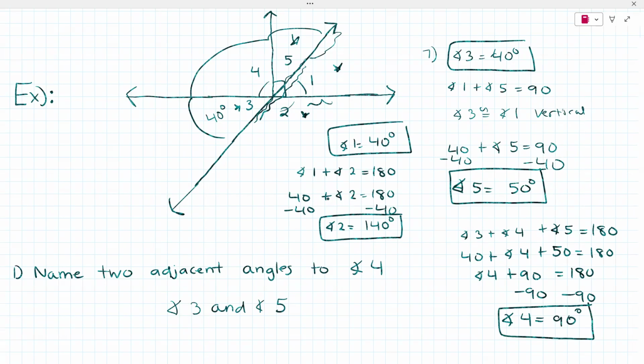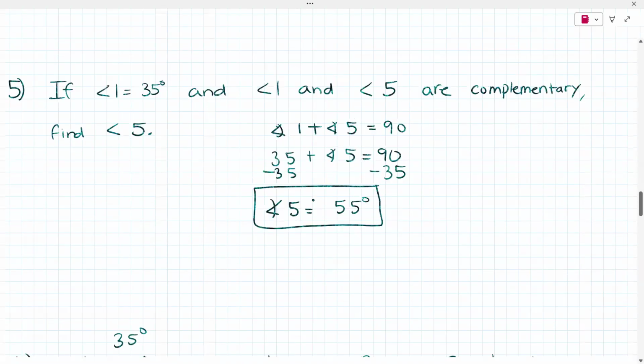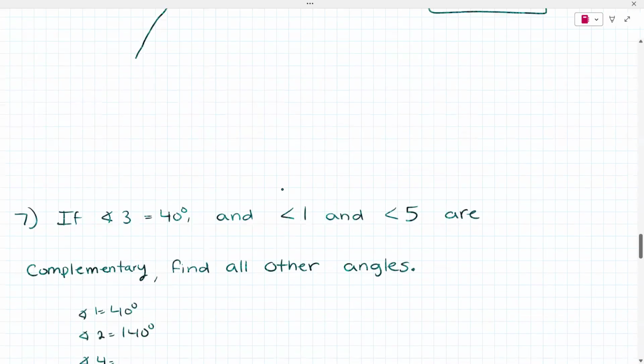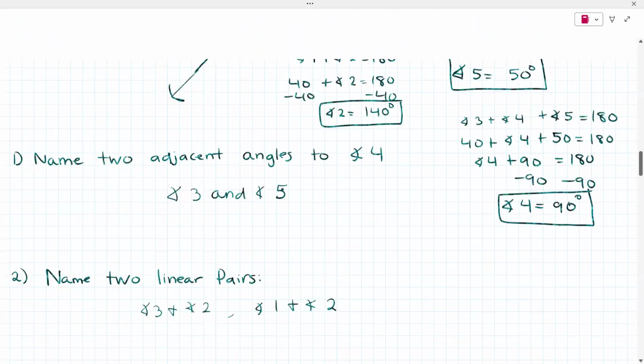Okay, so we just finished question 7. We could say that angle 1 is 40 degrees. Angle 2 is 140. Angle 4 is 90.